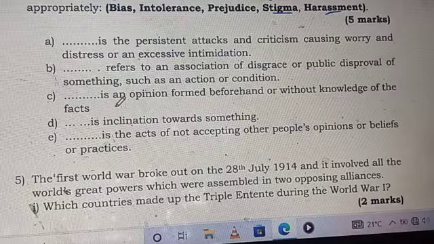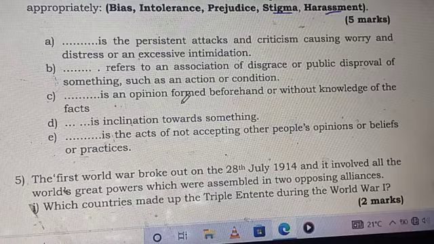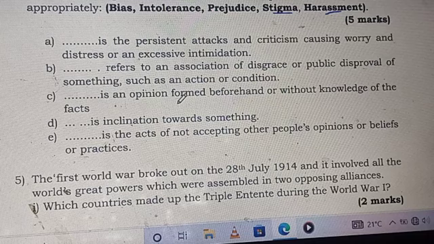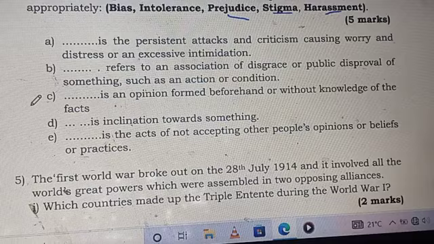C, dash dash is an opinion formed beforehand or without knowledge of fact. The correct answer is prejudice. Prejudice is a judgment before knowing facts.